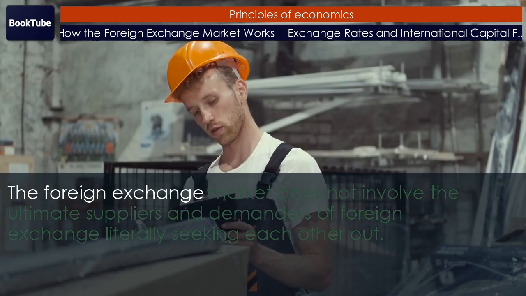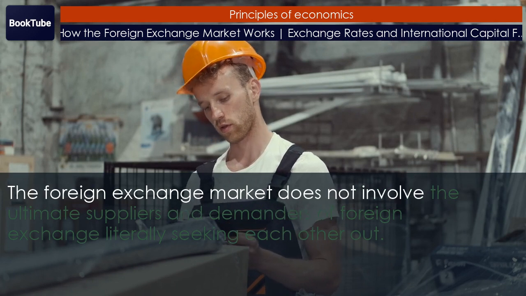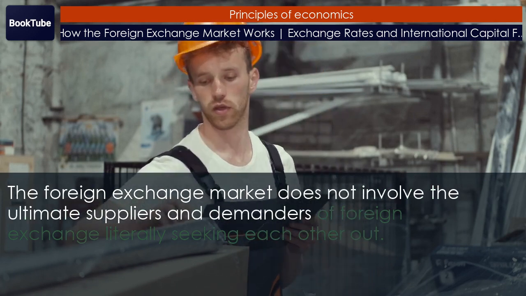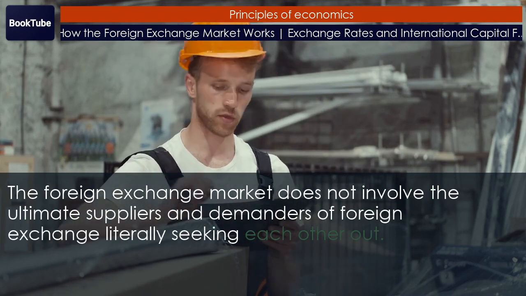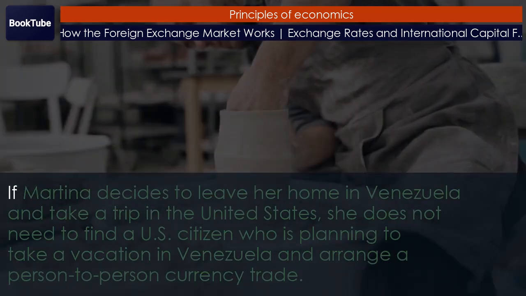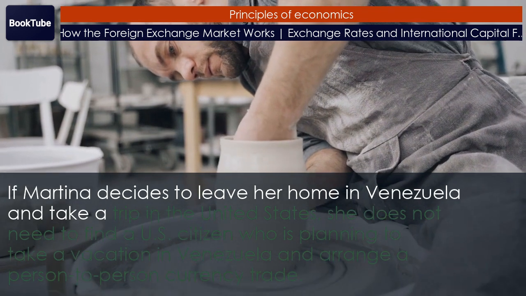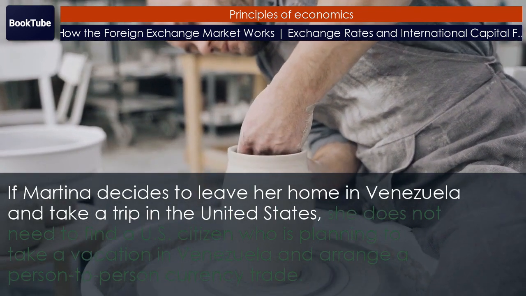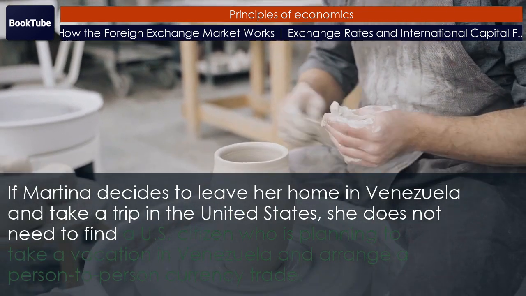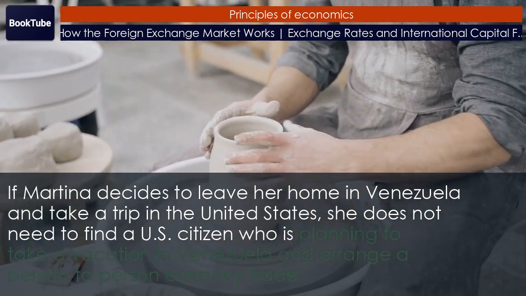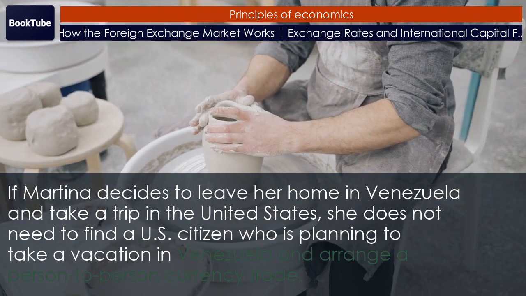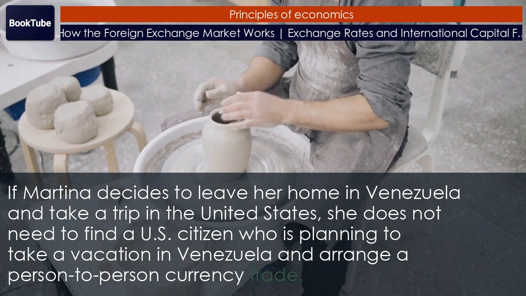The foreign exchange market does not involve the ultimate suppliers and demanders of foreign exchange literally seeking each other out. If Martina decides to leave her home in Venezuela and take a trip in the United States, she does not need to find a U.S. citizen who is planning to take a vacation in Venezuela and arrange a person-to-person currency trade.